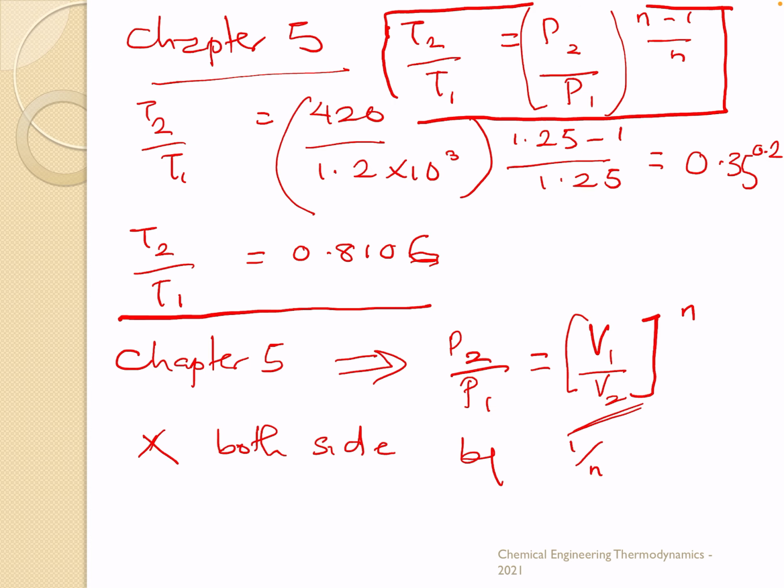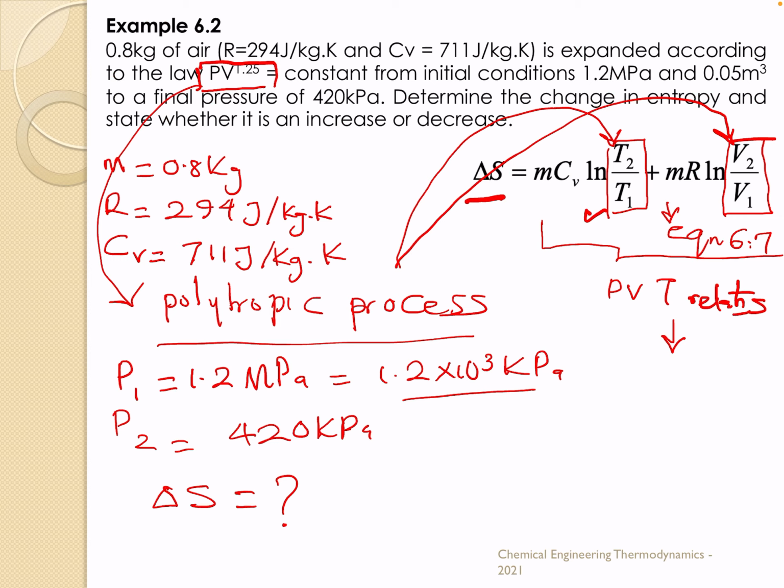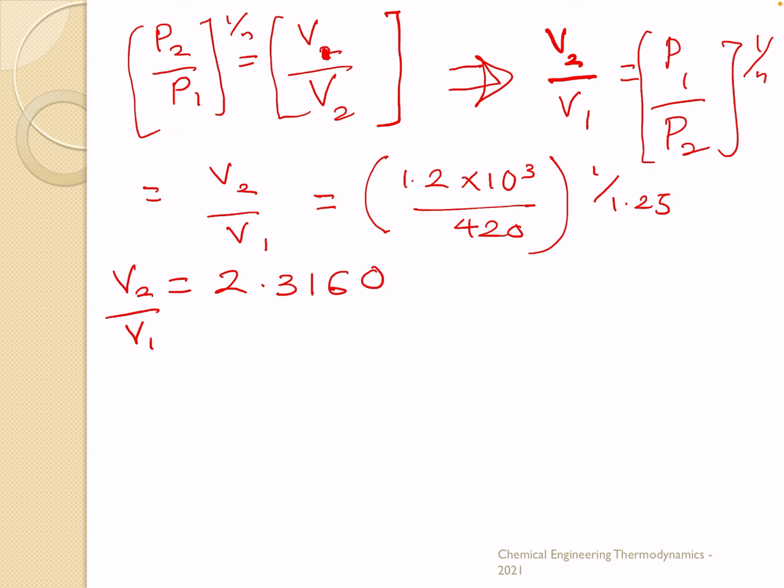So we simply go back to the original equation. Now we have this, we've got that, so let's plug in our values. We already have our m and our cv values, so let's just plug those in. If you substitute into the original equation, the change in s equals 0.8.